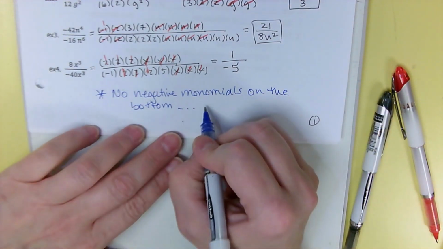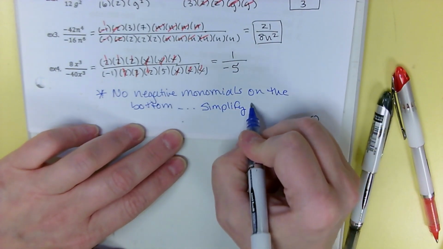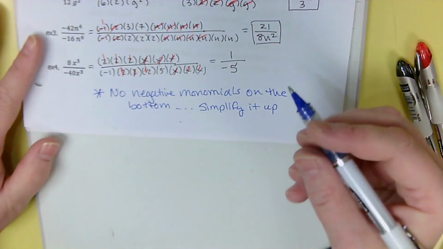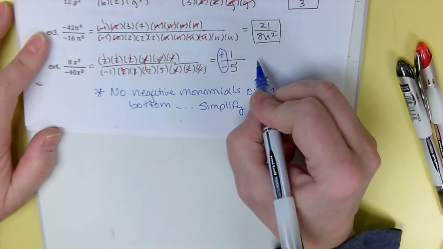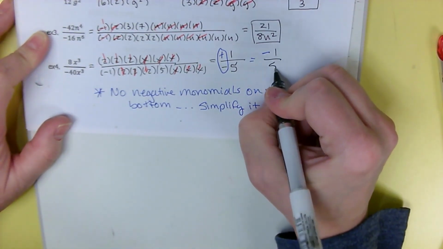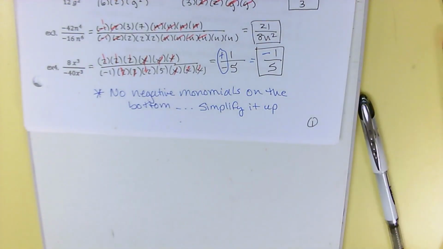If there is one, you're going to simplify it up. So that's where you can use your division rules. A positive divided by a negative is a negative. The negative then goes up with the 1, and the 5 stays positive. Even if you have a scalar, you still can't have a negative scalar on the bottom. You got to get that out of there.